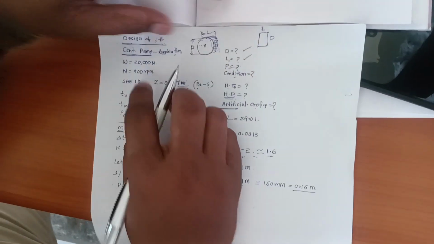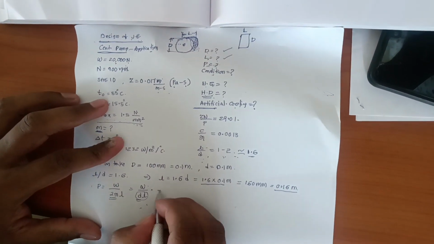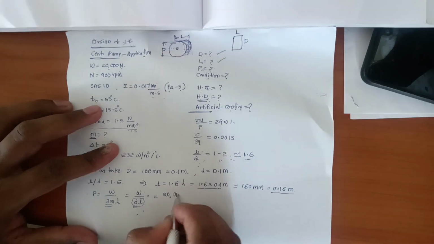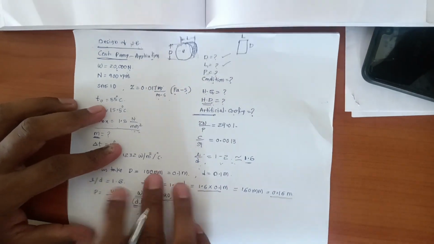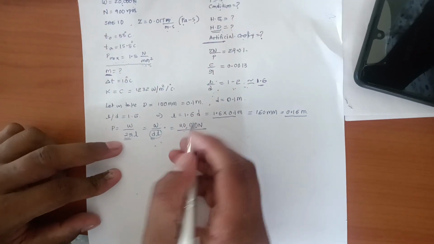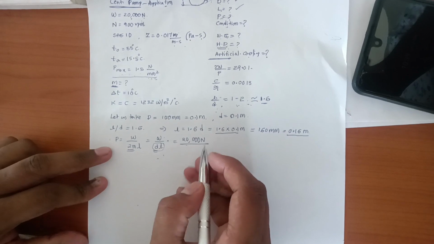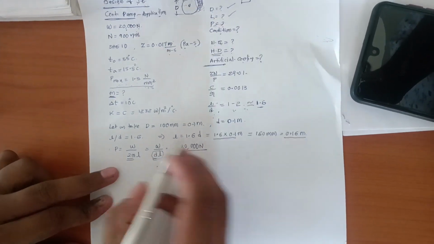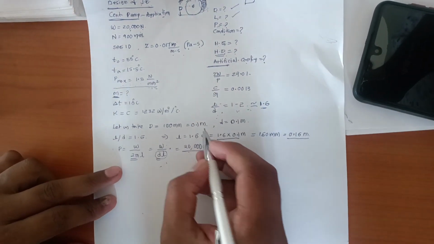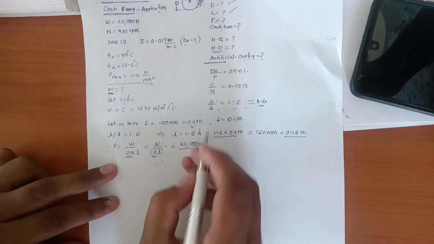Here in the question they have given the W value, 20,000 newtons, by DL. Where is the D? They have already taken the D value, that is 100 mm. You can take it in meters, that is 0.1.